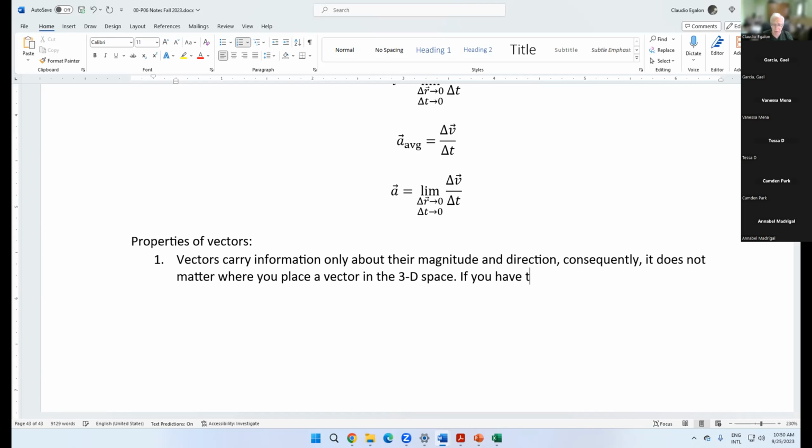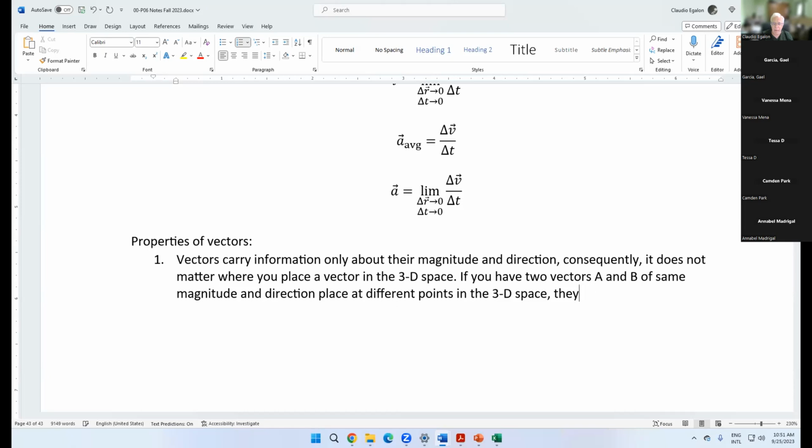If you have two vectors, A and B, of same magnitude and direction placed at different points in the 3D space, okay?